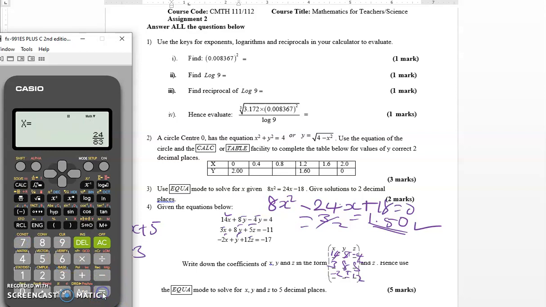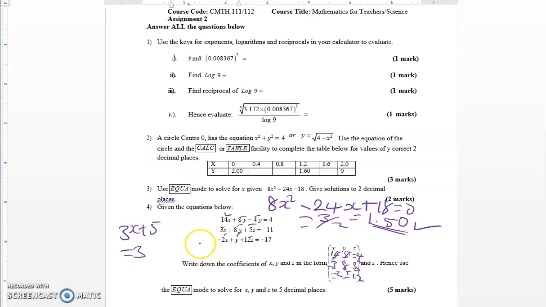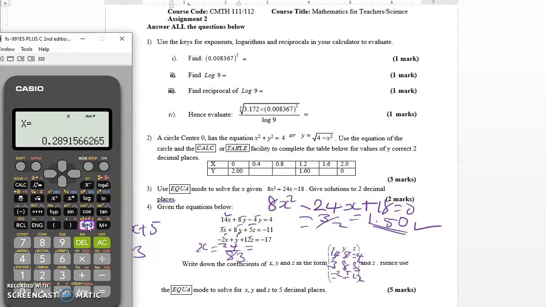Press the equal sign, press the equal sign again. So our value for x here is 24/83. But you have to leave your answer to 5 decimal places. So you standardize this, and you have 0.28915. So this is 1, 2, 3, 4. The fifth one is 5.